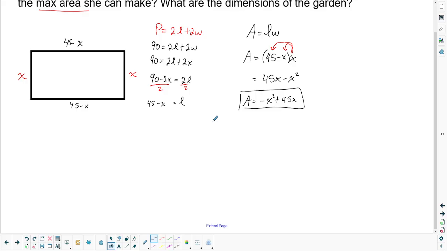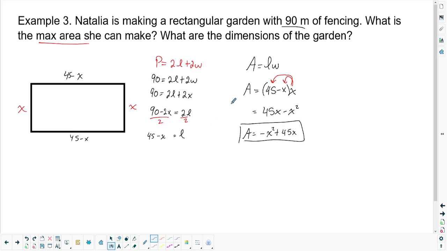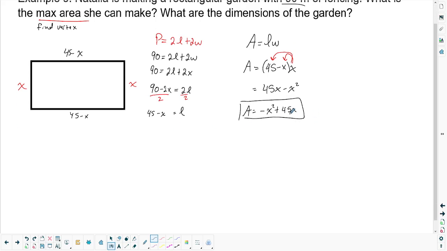So now we need to find what vertex form is, okay? And I'm actually going to write that down because it's a good thing to have. When you see something that says max, it means find the vertex. Okay. So this is your standard form. Let's make it into vertex form.